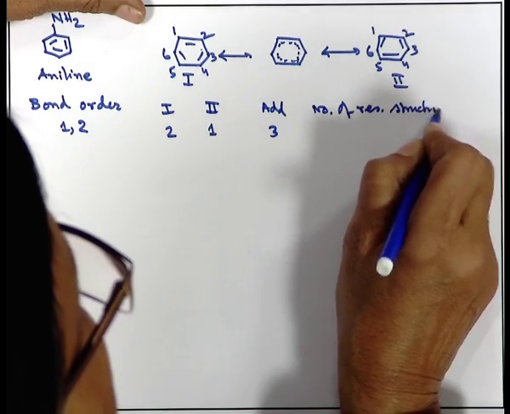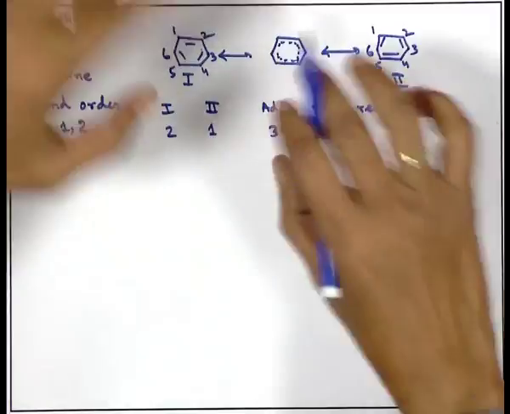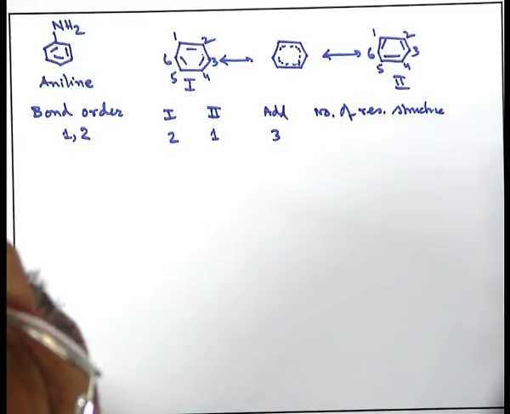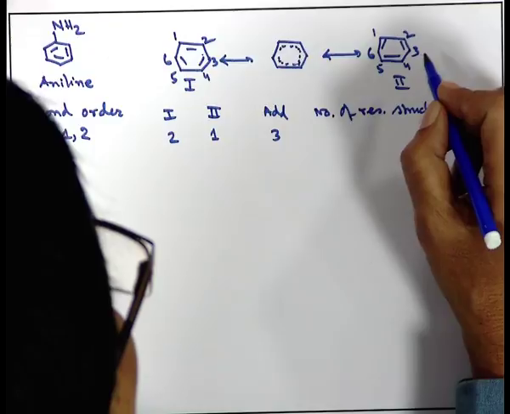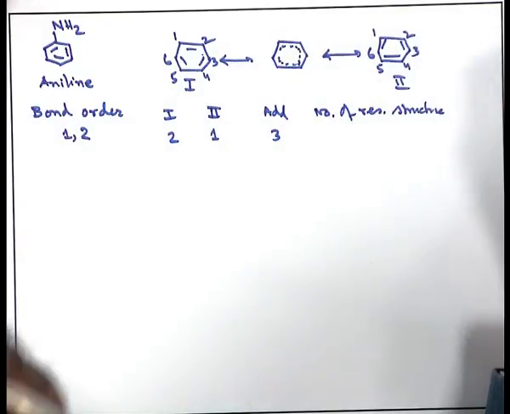That means, how many resonating structures are we able to write, because this is the delocalized form, this is not the Kekulé structure, this is the overall theme being written. So, this type of resonating structure and their contribution to the resonance hybrid is an important feature, not only to know the nature of the compound, but also to find the bond order, which helps us to do many things.